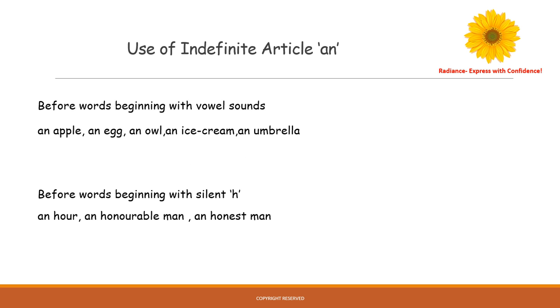Now, where do we use the indefinite article an? Whenever we say indefinite article, what comes to our mind? Indefinite means something which is not definite. Very clear from the word. So, suppose I am talking about, I went to the zoo and I saw an elephant there.